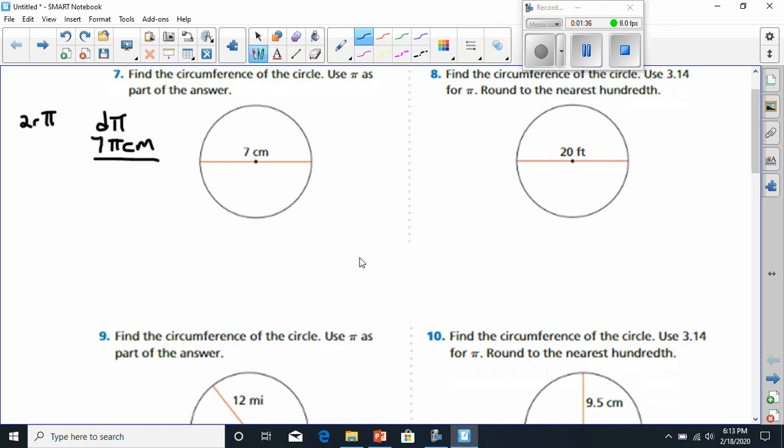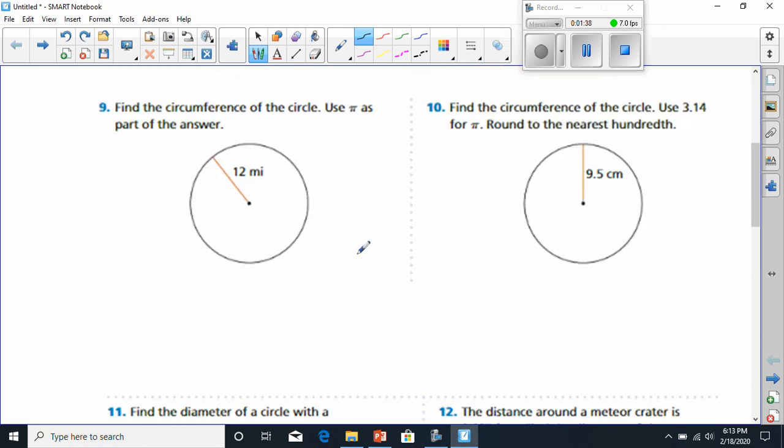We're going to go to number 9 now. Find the circumference of a circle. Use pi as part of the answer. Well, once again, this time they gave us the radius, and if we have those two formulas, 2 times the radius times pi, or diameter times pi. Remember, this time, since they gave us the radius, we're going to use this formula.